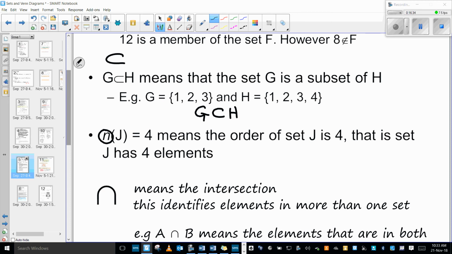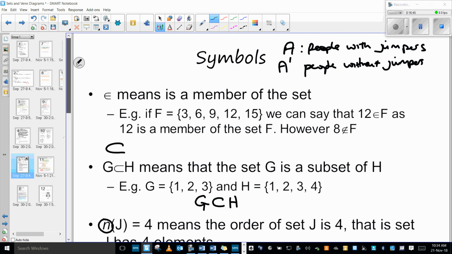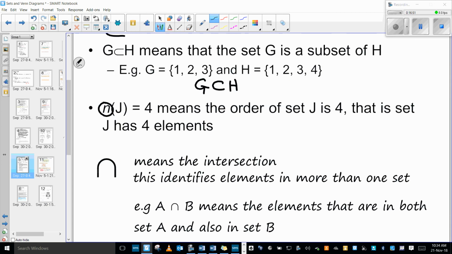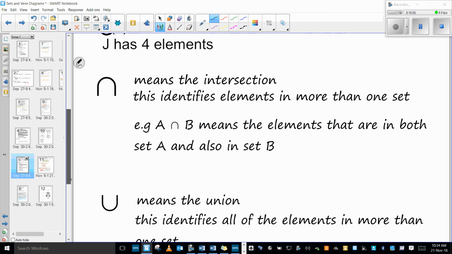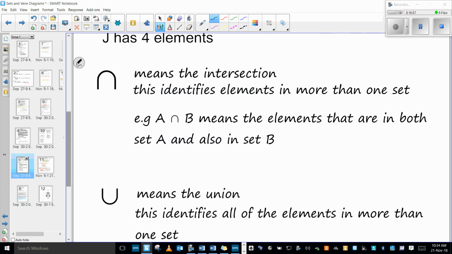Oh, so this is just set J, whatever you call it. Yes, correct, you define it. Up here we call set G this, set H that, and set J would just be the name of another thing. Now, these are the most common symbols that you will see later. For the subset symbol, could you do it in the opposite direction?